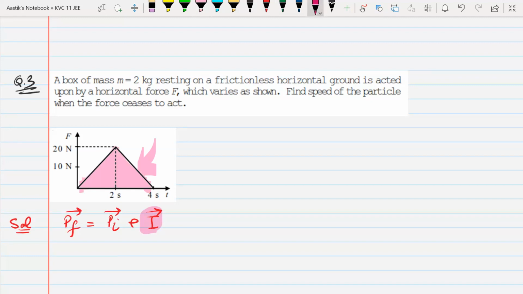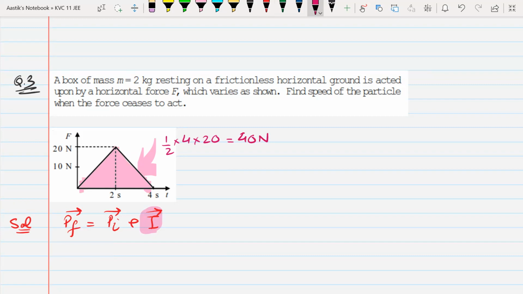Half base into height, half into 4 multiplied by 20. So I think it becomes 40. No, 20 or 40? How much? Newton second. 40, sir.